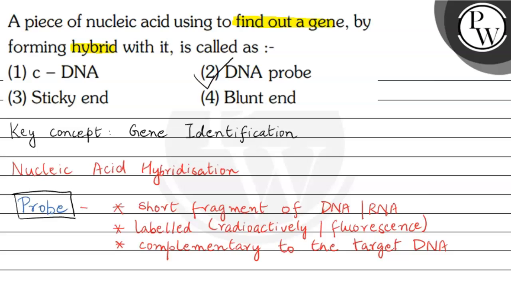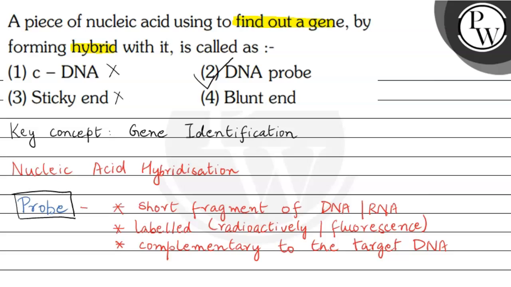Now, cDNA will not be our answer because complementary DNA is utilized when RNA is converted into DNA. Sticky end is formed when restriction endonucleases result in the cutting of the DNA at a particular sequence. So again, sticky end is not used to form a hybrid.